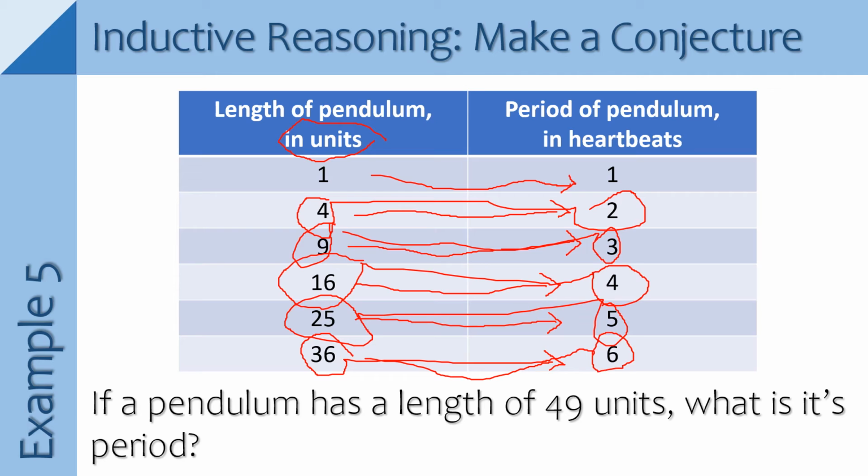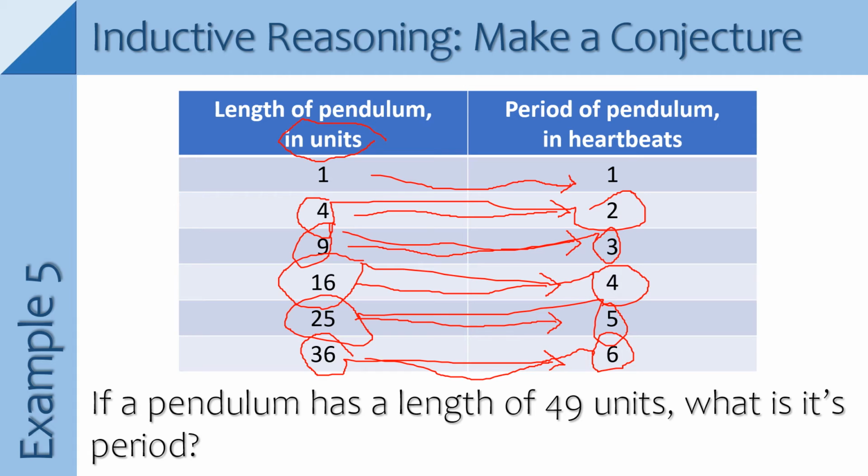If we analyze it, 2 is the square root of 4, 3 is the square root of 9, the square root of 16 is equal to 4, the square root of 25 is 5, and the square root of 36 is 6.